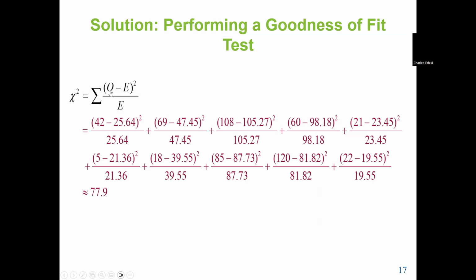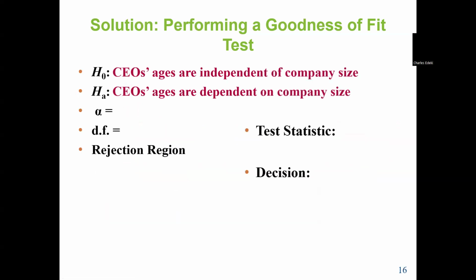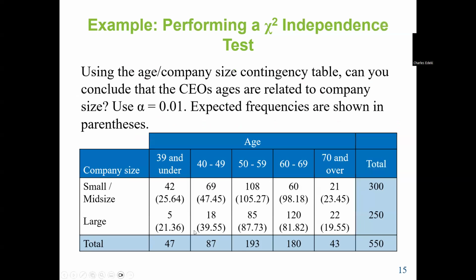That's the formula. The observed value is at the top, which was 42. The expected frequency we find is 25.64, so (42 minus 25.64) squared divided by the expected frequency. We use the same formula for each cell in the table. Again, one more time to make sure we understood, I'll go back to the table. To find the chi-square value here, it can be 42 minus 25.64 or 25.64 minus 42.